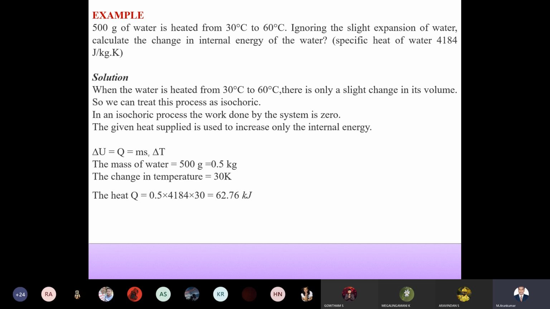Here s_v is the specific heat capacity of the water at constant volume, right? The s_v value is given there.